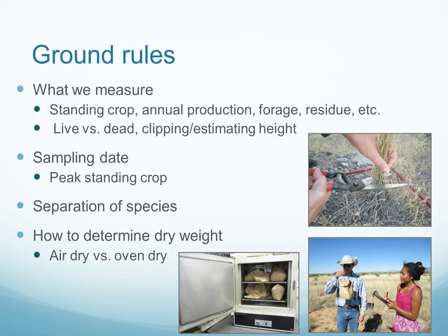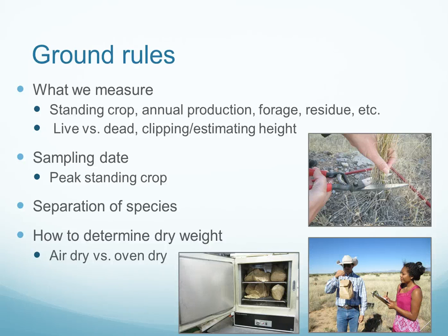So often we do this either by harvesting in the field, taking a fresh weight, and then drying the plant material, either air drying it or oven drying it, in order to remove the moisture content and then be able to get a correction factor on how much dry weight biomass there is in the harvested materials or in the materials that we estimated on the ground.